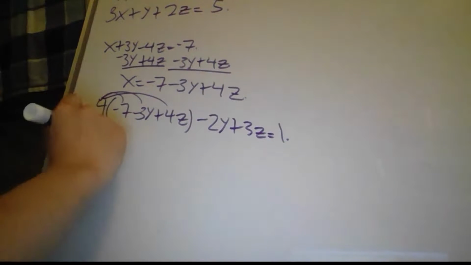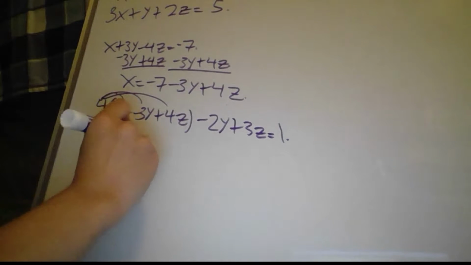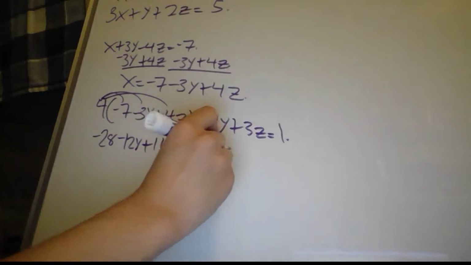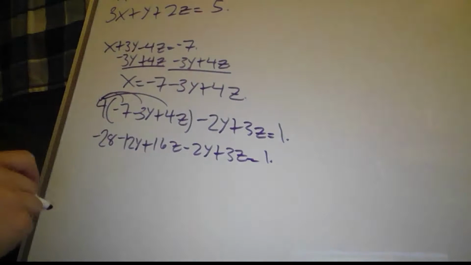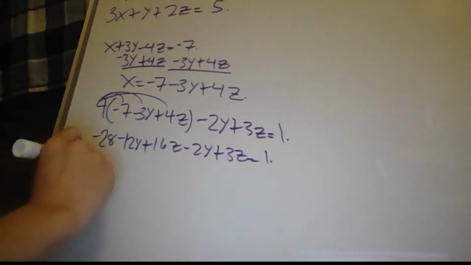We have negative 28 minus 12y plus 16z minus 2y plus 3z equals 1, right?